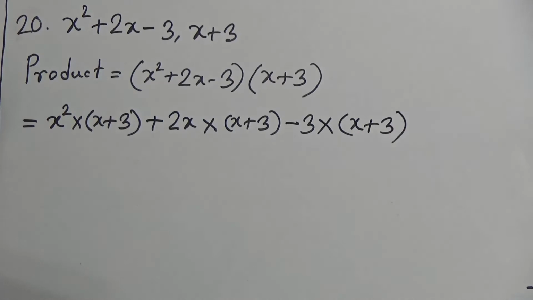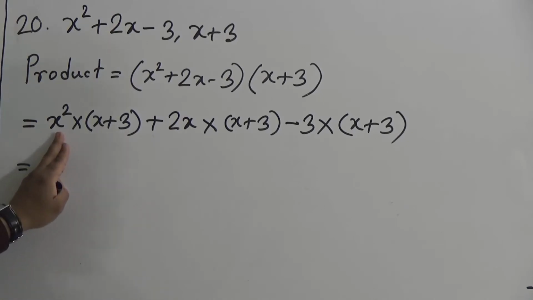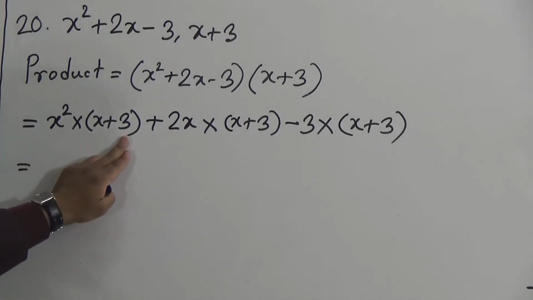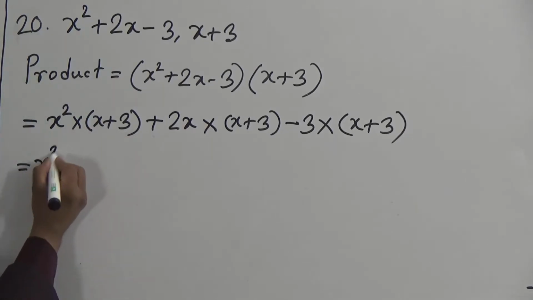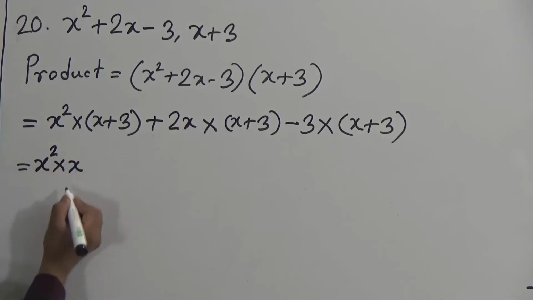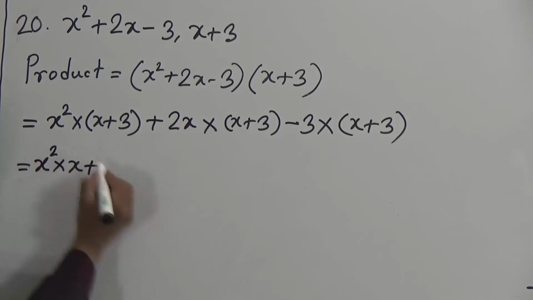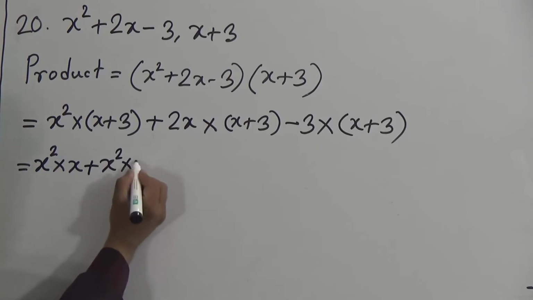Now, my dear students, what will we write down? By the rules of the first solution, we will multiply this one. This x square is multiplied with x plus 3, which means this x square is multiplied with x and also with this 3. So it's x square multiplied with x, a plus sign will arise here, and this x square is also multiplied with 3.